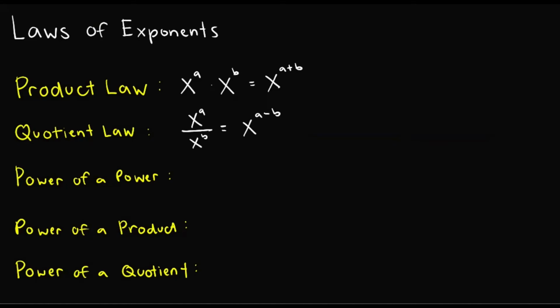Now this one is easier to prove than the first one, since we can actually write x raised to a divided by x raised to b, which in multiplication, it would become x raised to a times x raised to negative b, since that is how reciprocals work. And then we simply apply the product law, and this one will become x raised to a plus negative b, or x raised to a minus b. So that is how we acquired the quotient law.